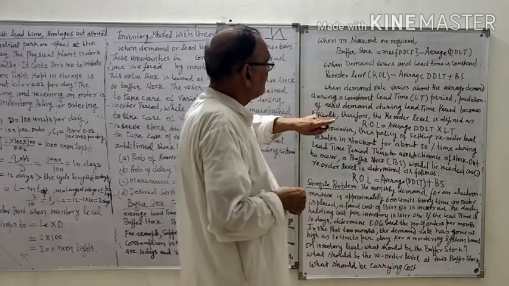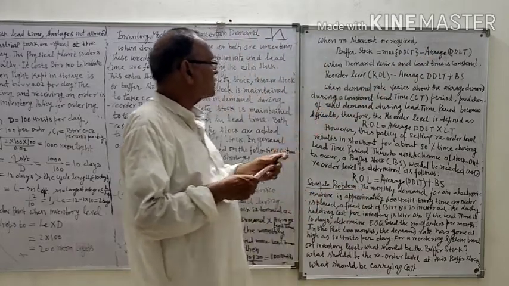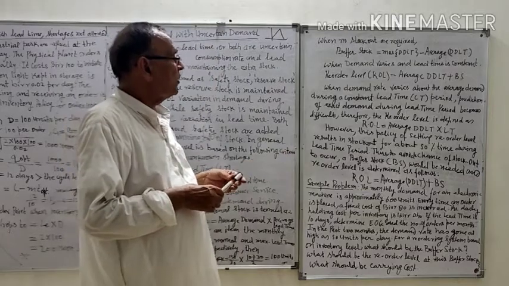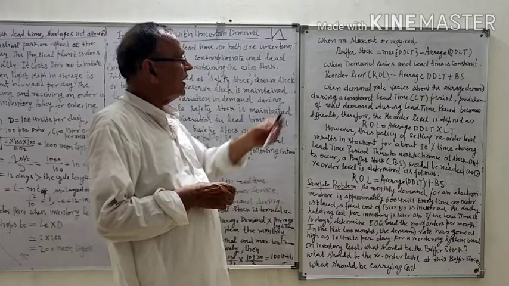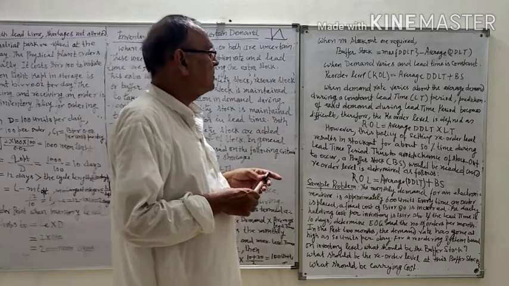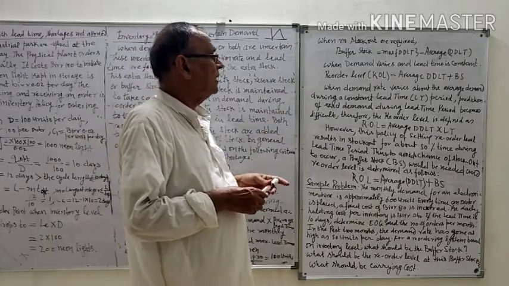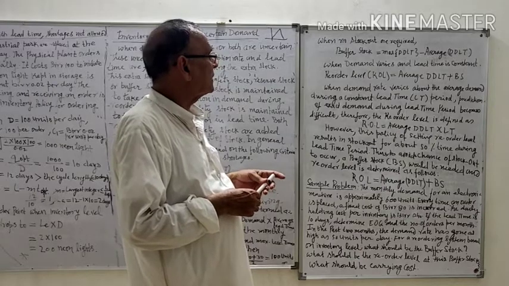So when demand varies and lead time is constant, reorder level, ROL, is equal to average demand during lead time plus buffer stock.